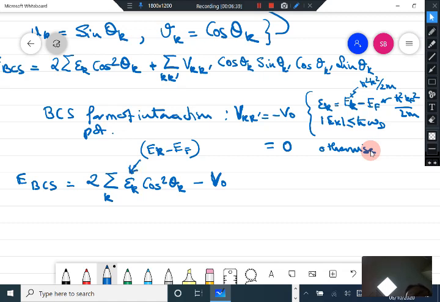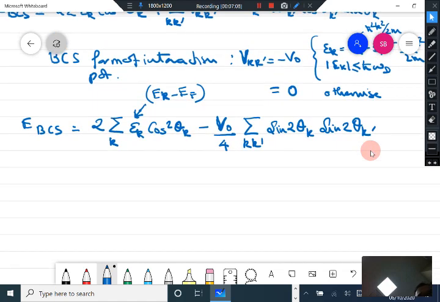This is the non-zero term, divided by 4, where if you take the cos theta sin theta terms, you can convert it into the summation over kk prime of sin 2 theta k sin 2 theta k prime, a simple trigonometric manipulation. That is why you have this 4 out here.